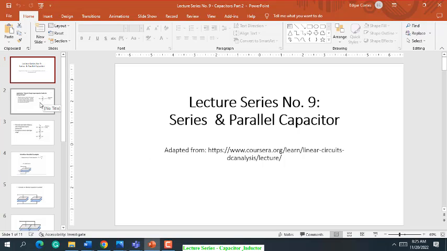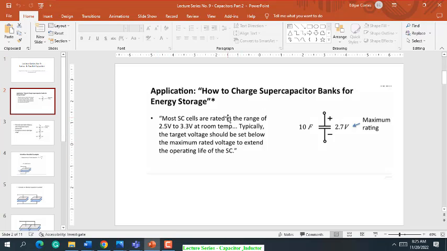As a prelude to our discussion, we have some capacitor banks for energy storage, because aside from filtering or blocking DC and passing AC, a capacitor also acts as an energy storage. Most supercapacitor cells are rated in the range of 2.5 volts to 3.3 volts at room temperature.